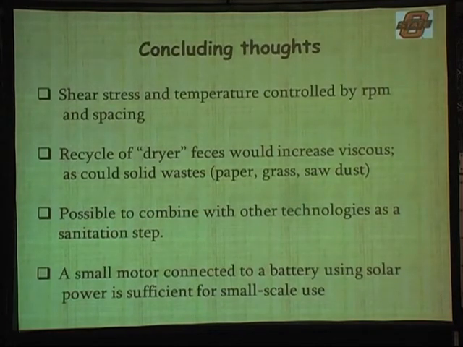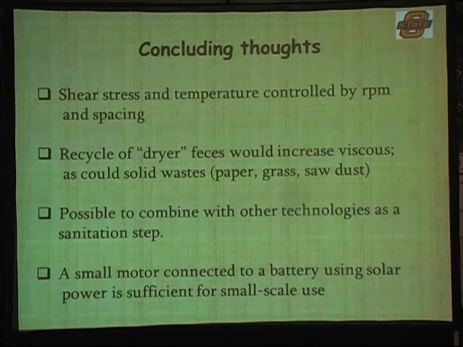So we know shear stress and temperature can be generated in this system. We think it's effective. The RPM and spacings are the keys. We have problems with bottle caps or cloth or things like that thrown into the waste.